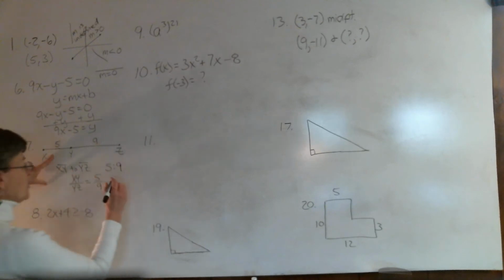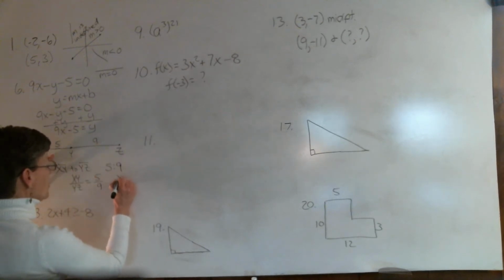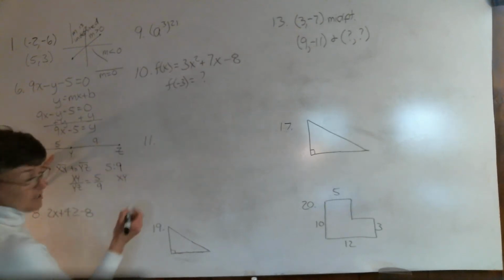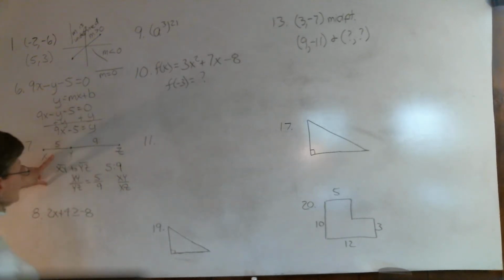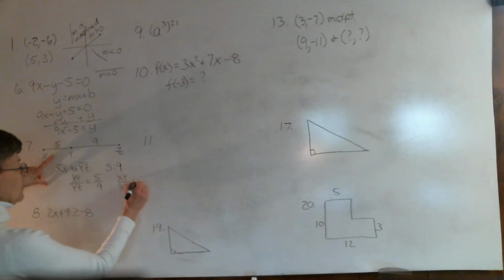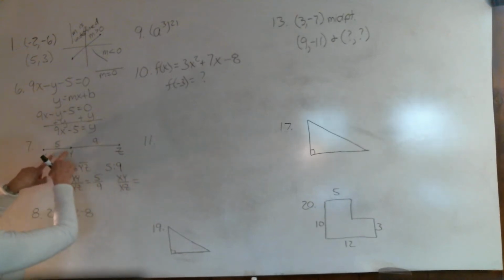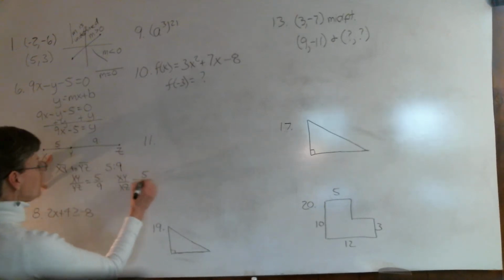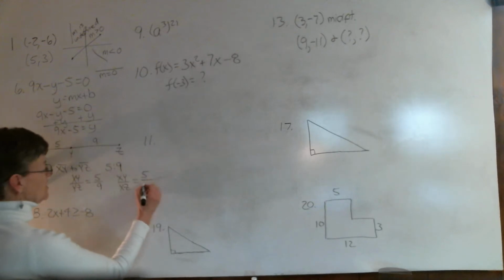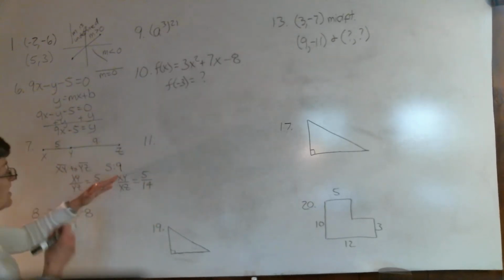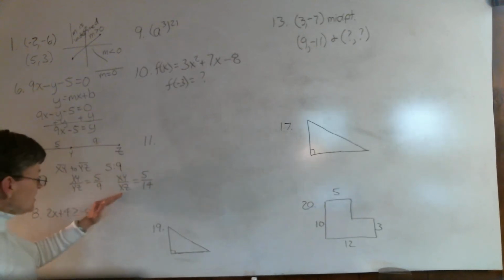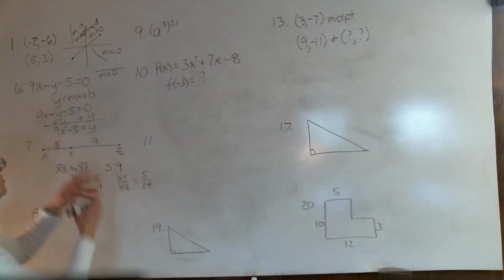Then he wants to know, well, what is xy over xz? And xy on my picture now is 5, and xz is 14, 5 plus 9. So when xy is 5, then xz will be 14, just based on the numbers that he gives me.